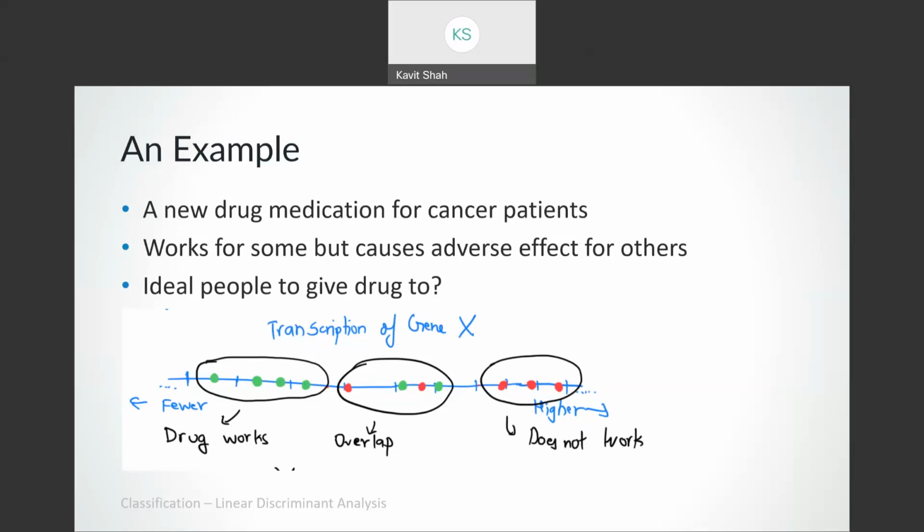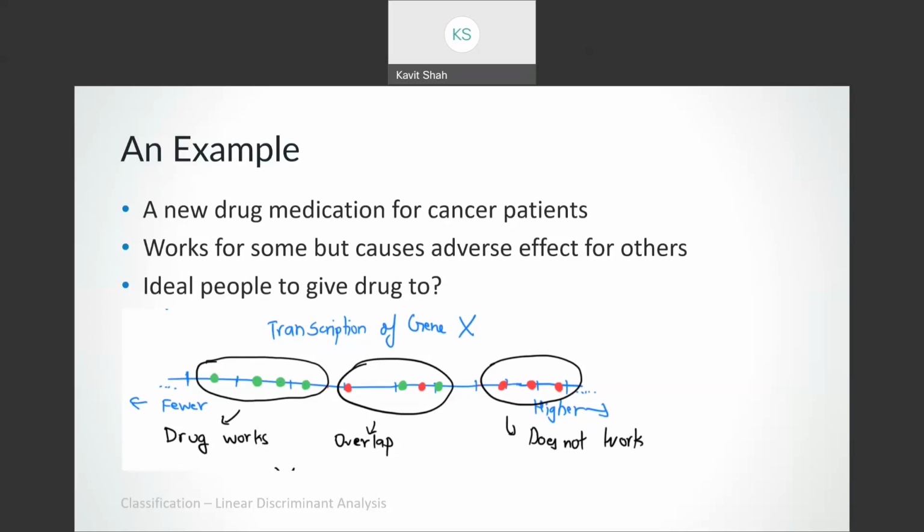And we could clearly see that for fewer transcription, the drug works for most of the part, and for higher transcription, the drug does not work for most of the part, while there is an overlap in the middle. So this is not an efficient method of classification, and we could do better.